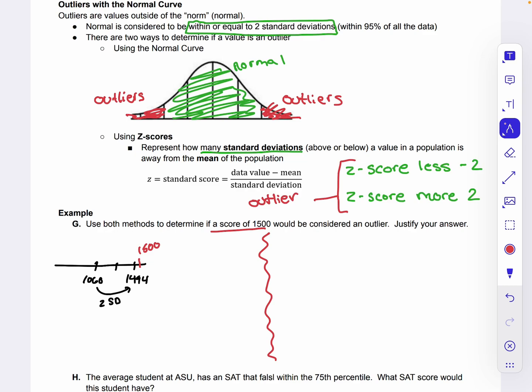Now I have to take that and put it into words so that I am explaining my reasoning to others in a way that they understand.